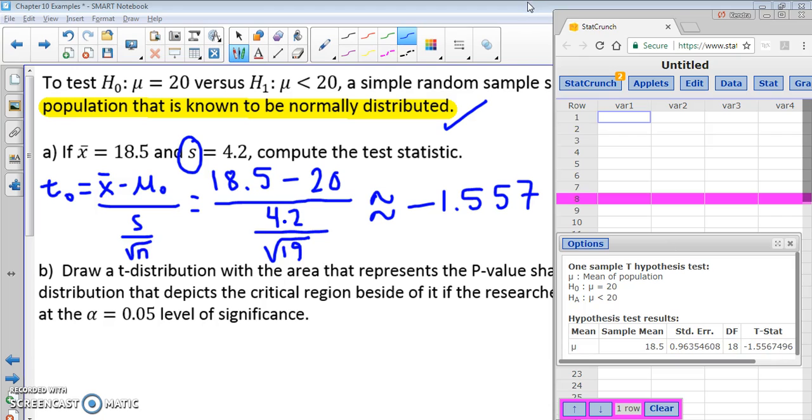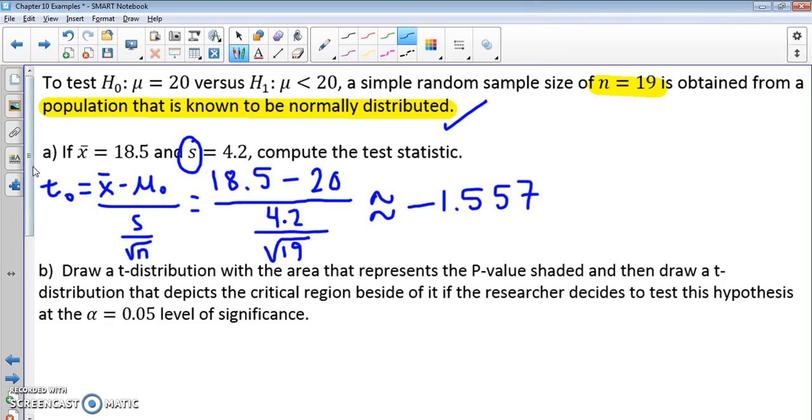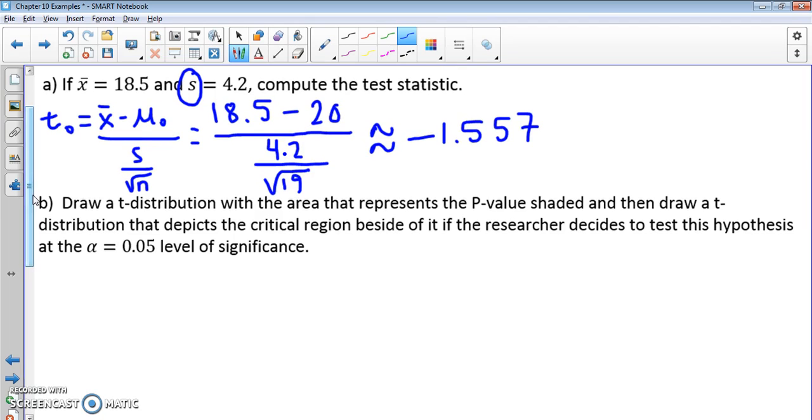Okay. So now we want to draw a t-distribution that represents the p-value shaded, and then the t-distribution that depicts the critical region if they decide to test at the alpha equals 0.05 level. So our p-value goes with our test statistic.